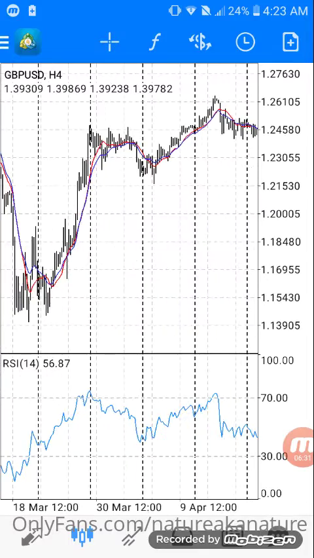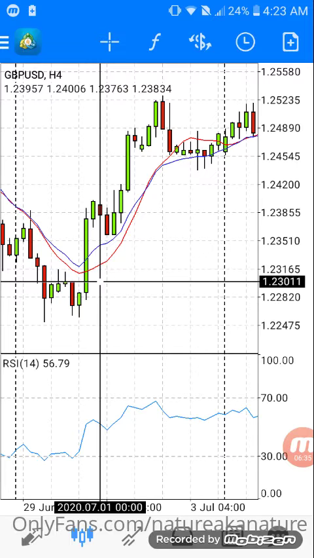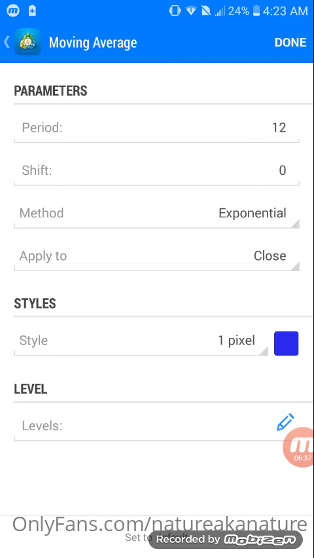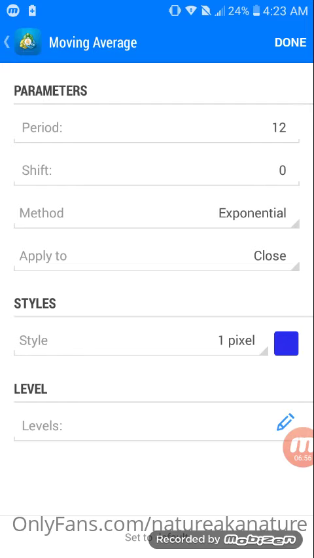Now, to make the moving average crossover, you need to plot another moving average on there. So that's what we do. You do that, like I said, by pressing the F sign, then the F plus sign, and adding another moving average to your indicators. We already have the relative strength indicator, the RSI, in there too. You set your period at 12.